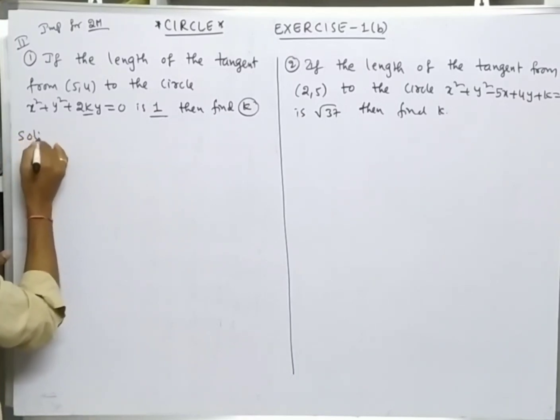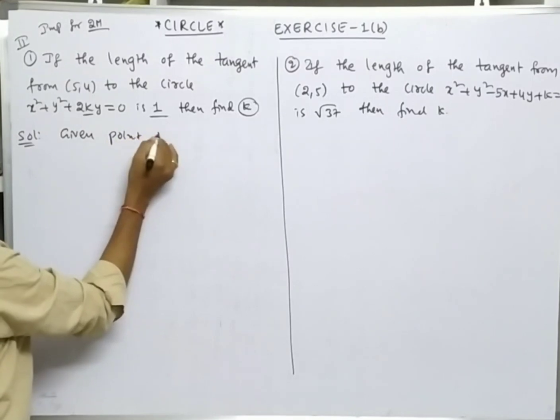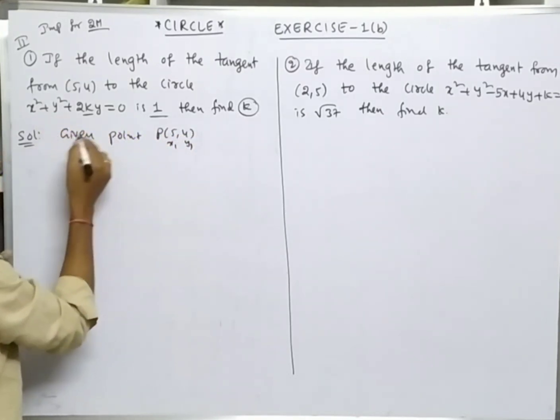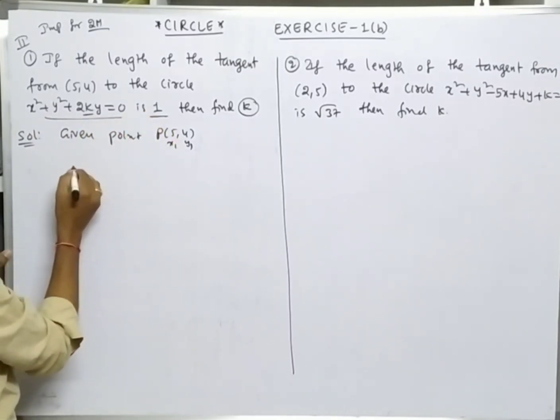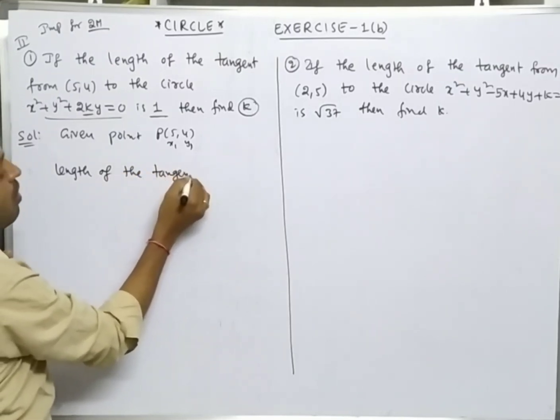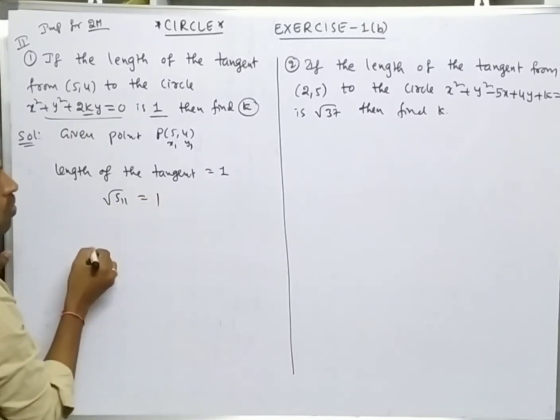Okay, so the given point is (x1, y1) and the equation of the circle is this one. Given the length of the tangent is equal to 1. That means root S11 is equal to 1, right?